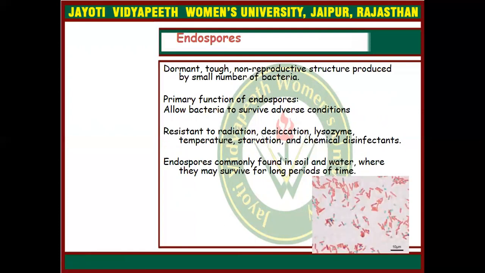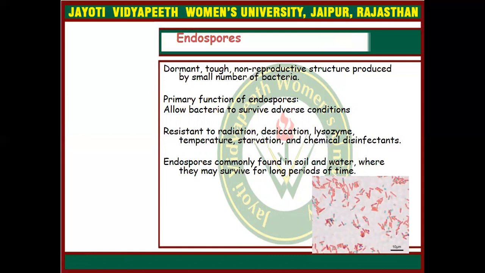Next is the endospore. Endospore is also used as a storage of food material, but it is found only in some selected bacteria that are known as endospore-forming bacteria. Endospores are dormant, non-reproductive structures produced by some special bacteria.